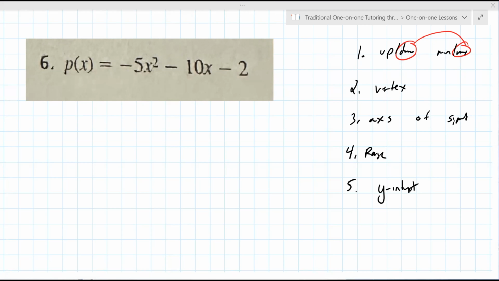So then that's 10 over -10 and -1. And then plug it back in. So -5, and -1 squared is 1. It's -5 minus or plus 10. That's 5 minus 2. It's 3. So then for my vertex points, I got x equals -1 and 3.